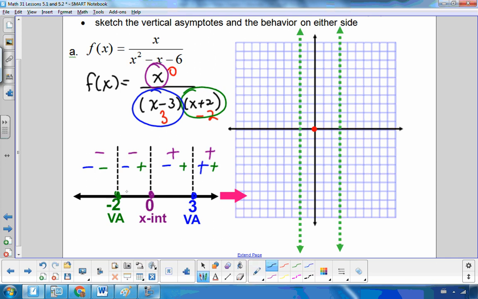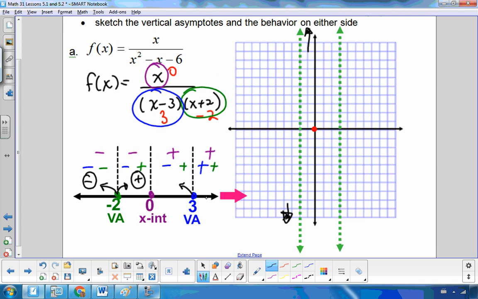So putting this all together, to the left of -2 I have 3 negatives, which make that negative. So that means to the left of the asymptote at -2, I will be going to negative infinity. To the right of -2, I have 2 negatives, which make that positive. So to the right of the -2 asymptote, I'll be going to positive infinity.